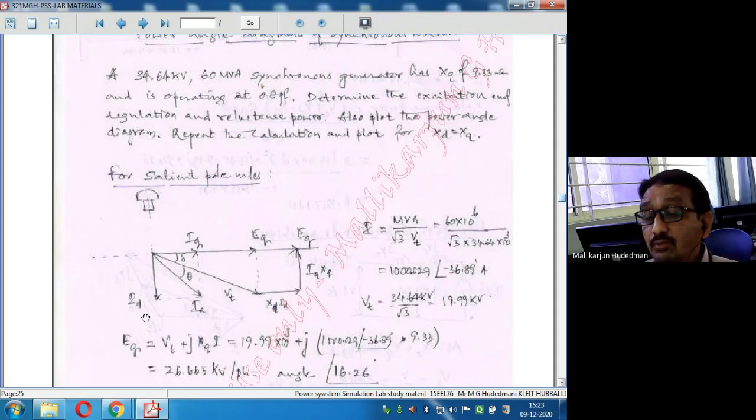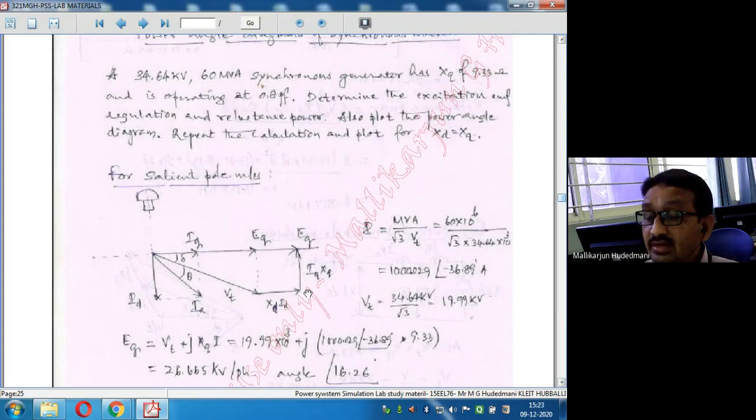XD, ID, IQ, XQ, these are some of the terminal representations I can get on this point. So once we are able to understand this: terminal voltage, line current, direct axis current, quadrature axis current, drop due to direct axis, drop due to quadrature axis, and total internal voltage, voltage at the quadrature. If I join this Eg with this triangle, imagine there is a triangle here. This is the net drop. Laterally, if I join Vt and Eg, it becomes a 90 degree triangle.